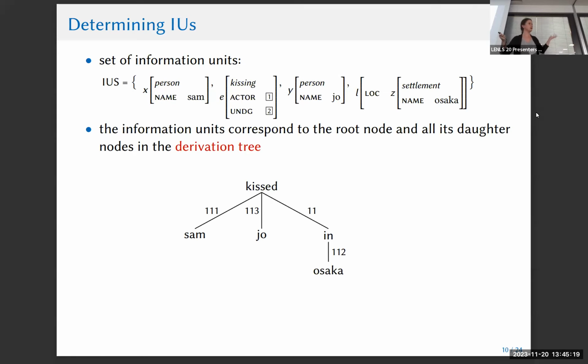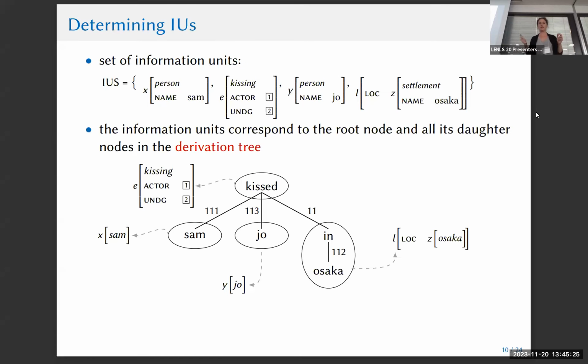This is with Gorn addresses. You can keep track of what happened, and that's exactly what the derivation tree does. And we have the proposal that the information units, what we would like to have, you can read off from the derivation tree. So not on the derived tree, but on the derivation tree.